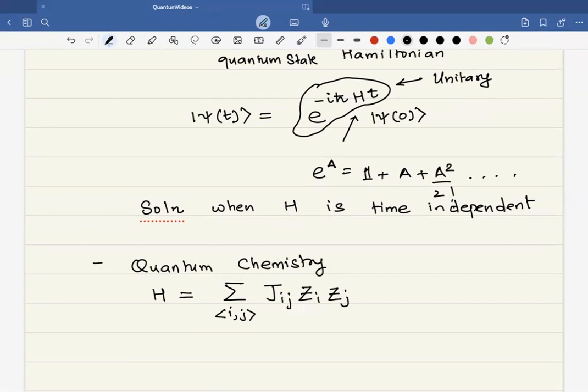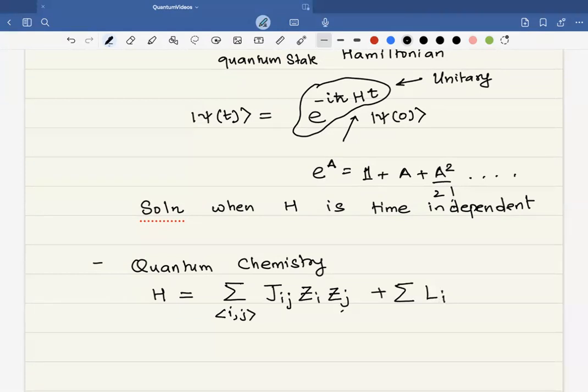So Z_i means the Pauli Z operator acting on the ith site of the chain and tensored with the identity over the other sites. And Z_j is the Pauli Z operator acting on the jth site, and maybe i and j could be nearest neighbors or something like that. So some Hamiltonian such as this may be given.